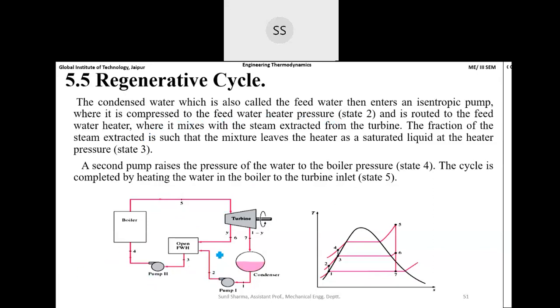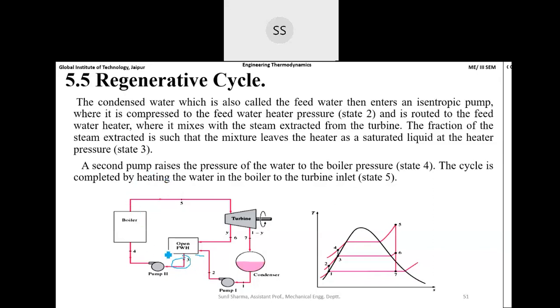The fraction of the steam extracted is such that the mixture leaves the heater as a saturated liquid at the heater pressure, the point number 3.